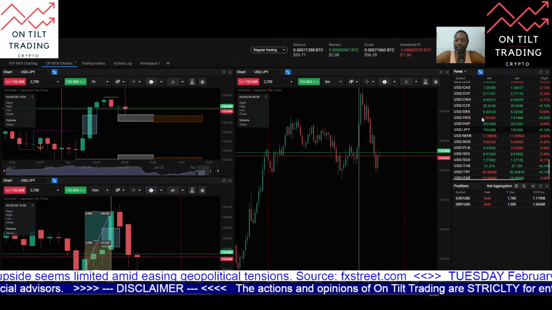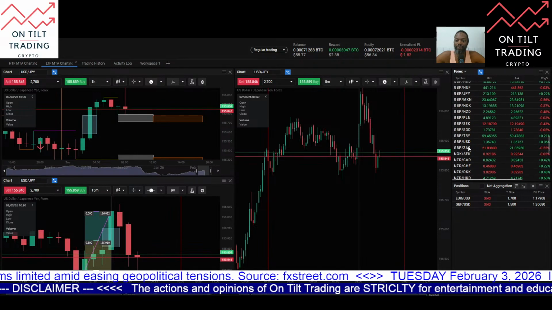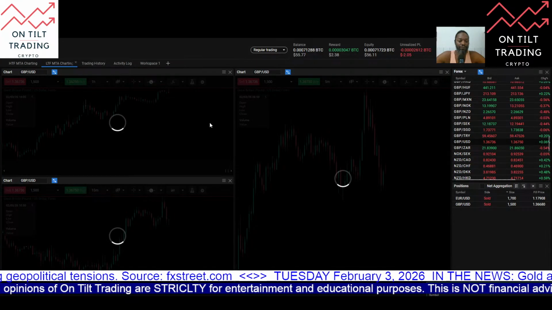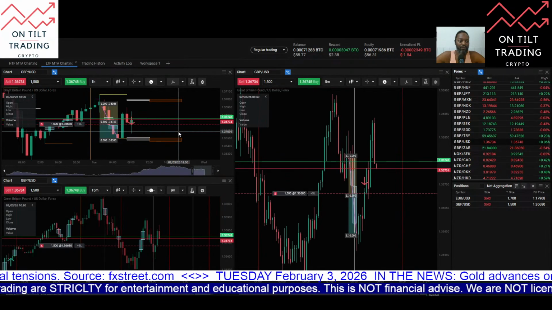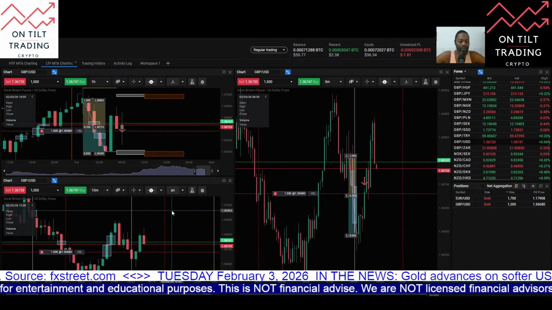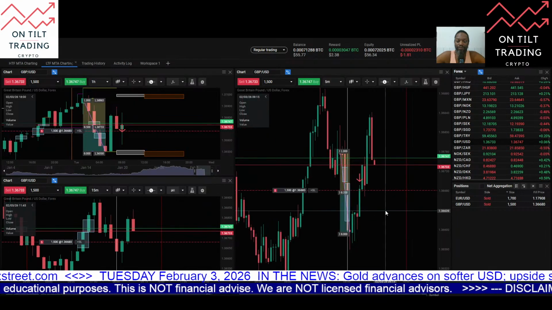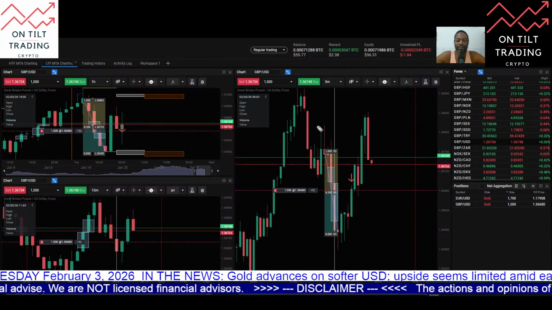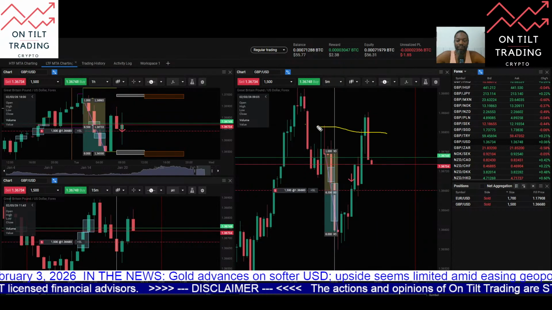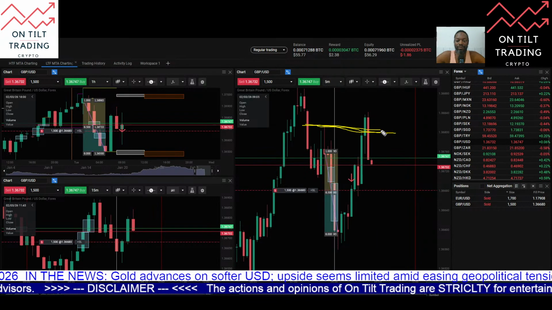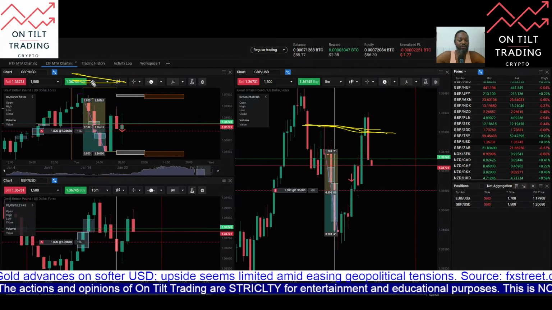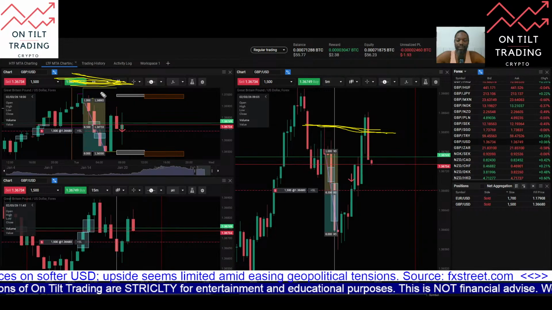Check on the pound dollar and the euro dollar. So starting to get some return to sell side delivery here. As I mentioned, this buy side liquidity is likely going to get swept, and that's been swept there. My high again is resting above the 1 hour swing high here.